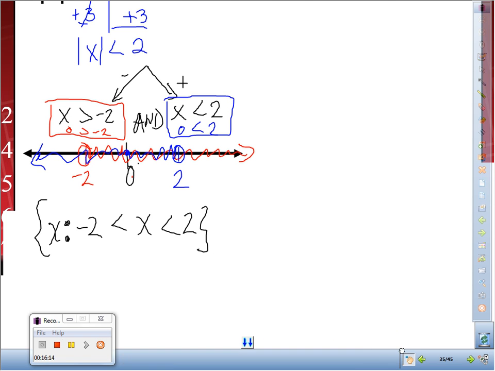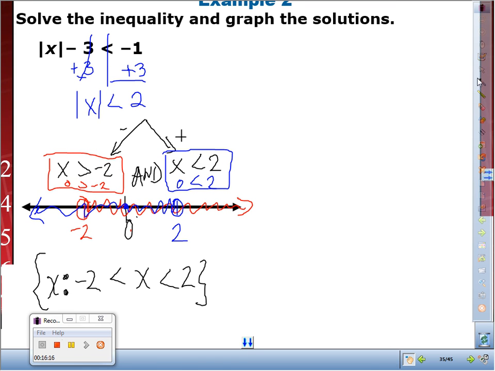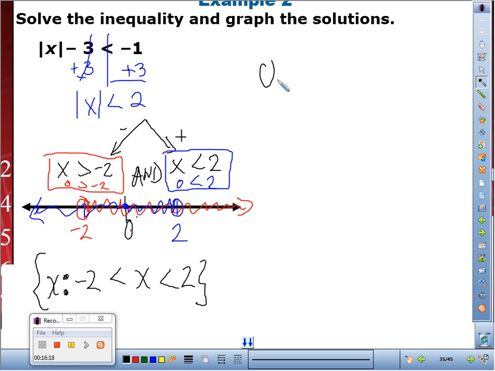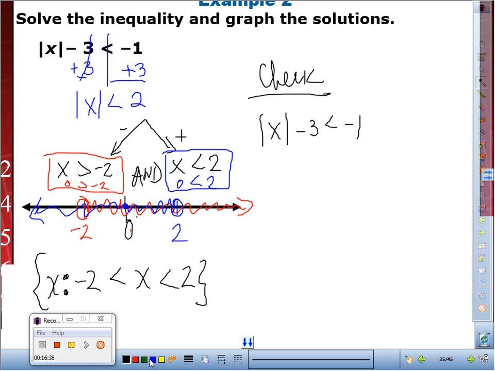Let me do the check to make sure that we understand what we're looking at. Check. I'm going to write my absolute value of x minus 3 less than -1. So, my solution, what number should I choose to check for my solution? One. Julia. Does everybody agree that 1 is part of the solution set?